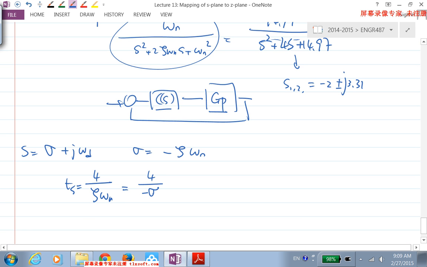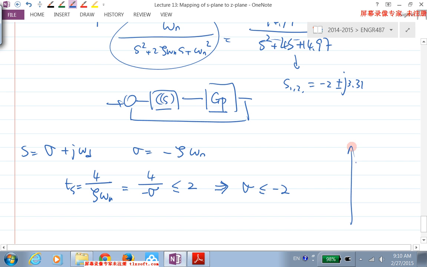If you require Ts to be less than a specific number, let's say less than 2, then a quick calculation tells you the sigma value has to be less than -2.